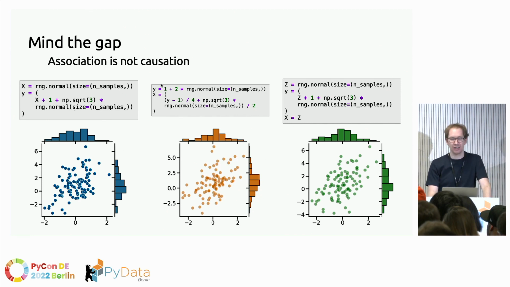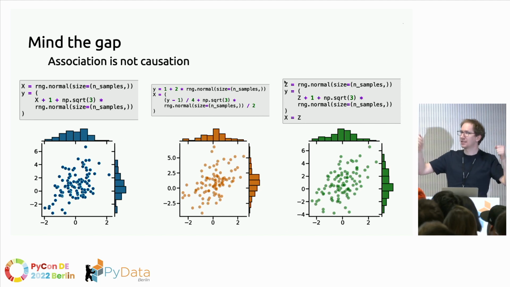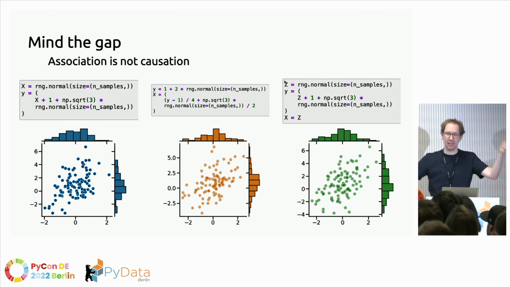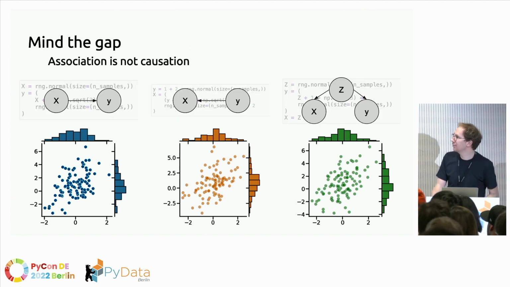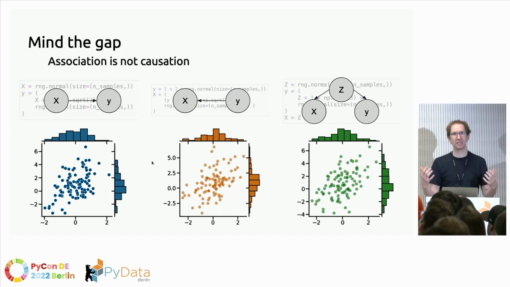Here I did it in another way. I created y, and y just created x. And then here I did it in another way. I created a variable z that has a cause on x and on y. So in terms of causal graph, you have something like this. x has a cause on y, y has a cause on x, and z has a cause on x and y. But at the end, all of those have the same distributions.